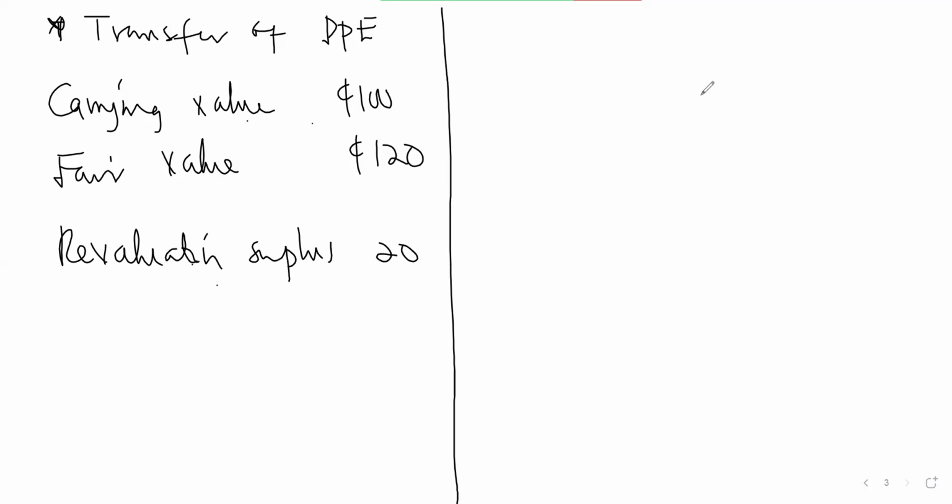And so we credit the revaluation surplus, then we debit the PPE by 20. So it means that we have brought the value of the PPE to 120. Then you will transfer. If you transfer, will the parent have the PPE on its premises again? Will it be part of their assets?